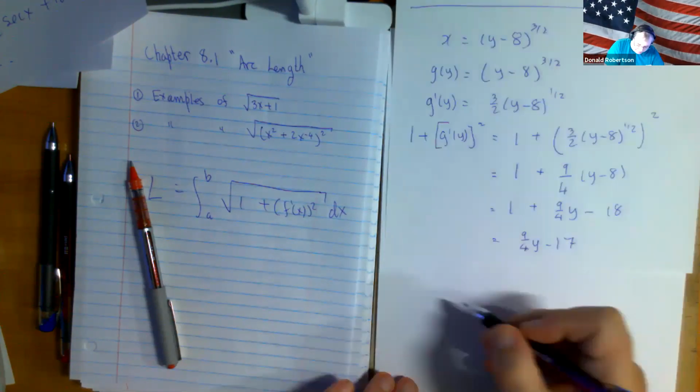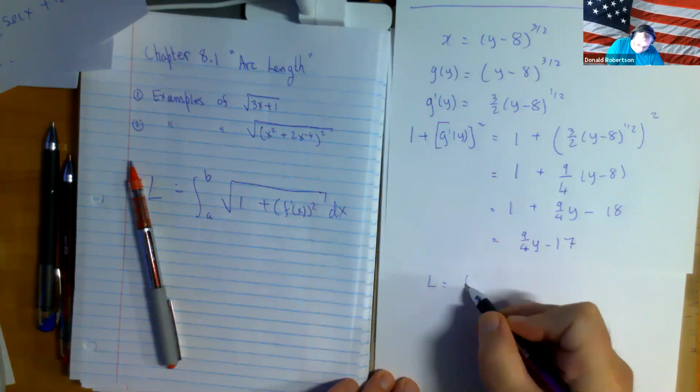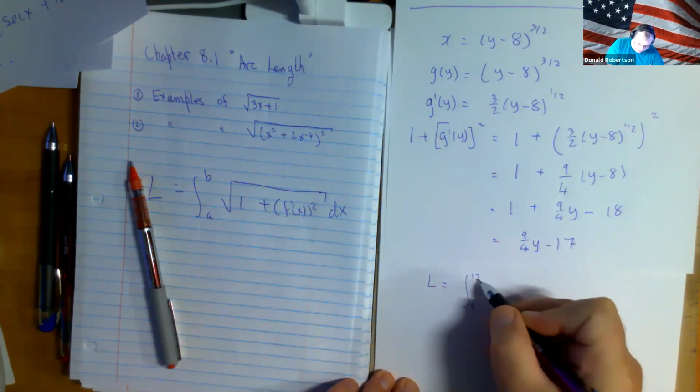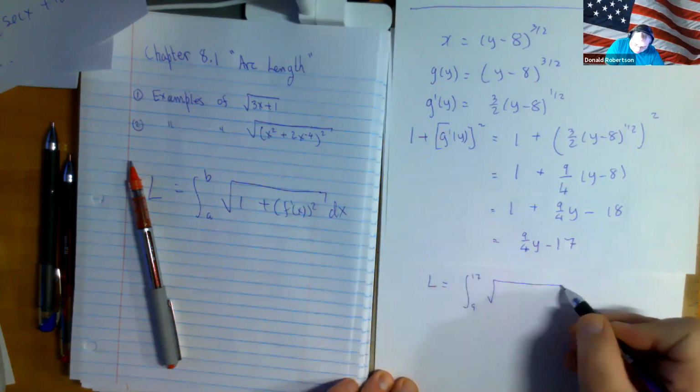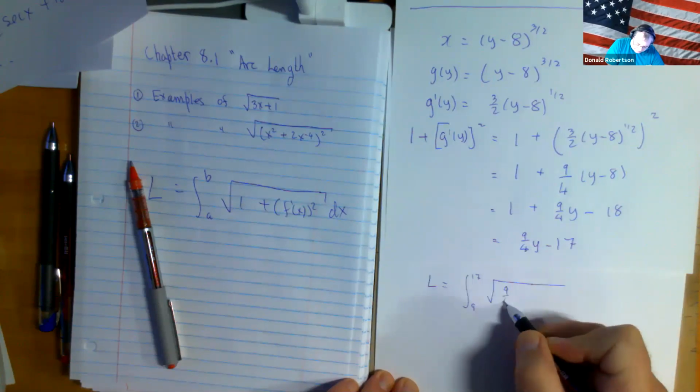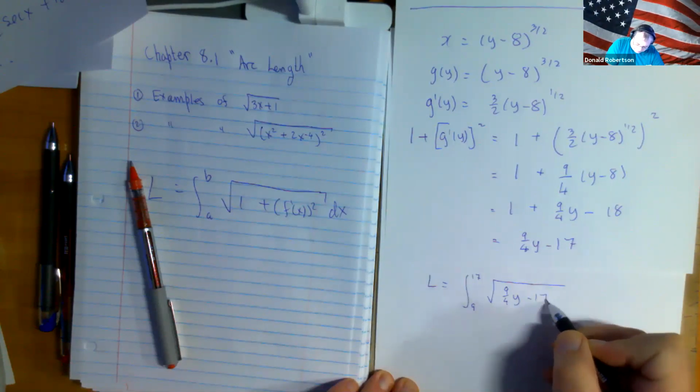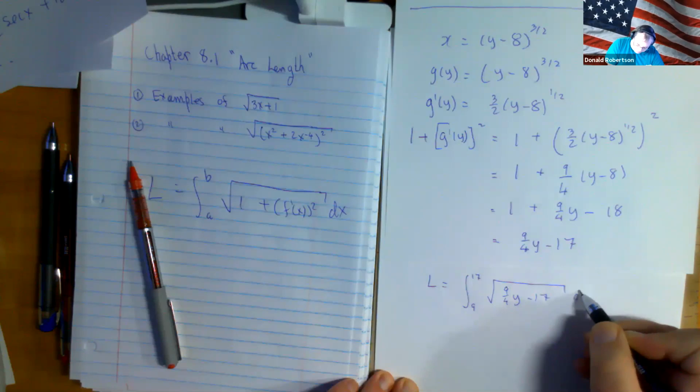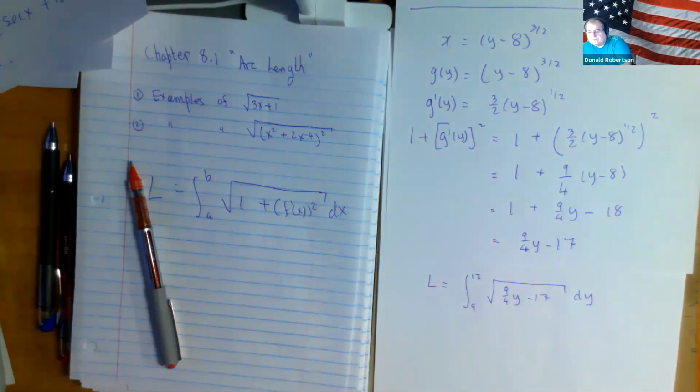So our arc length is the integral from 9 to 17 of the square root of this. Okay, where do we go next?